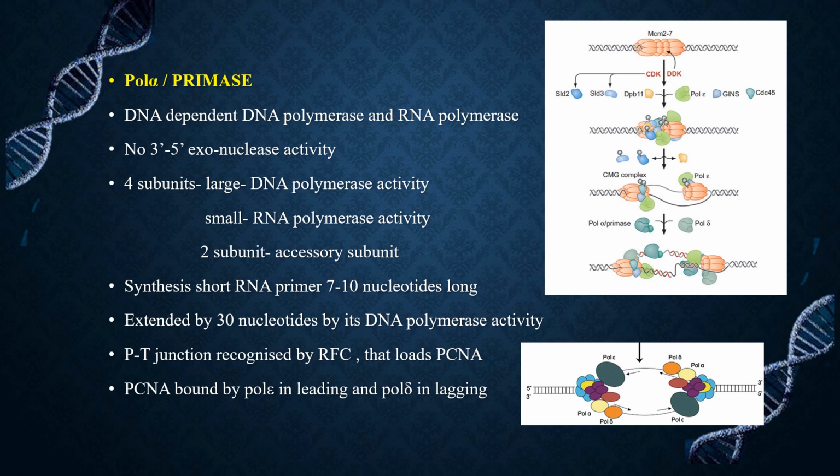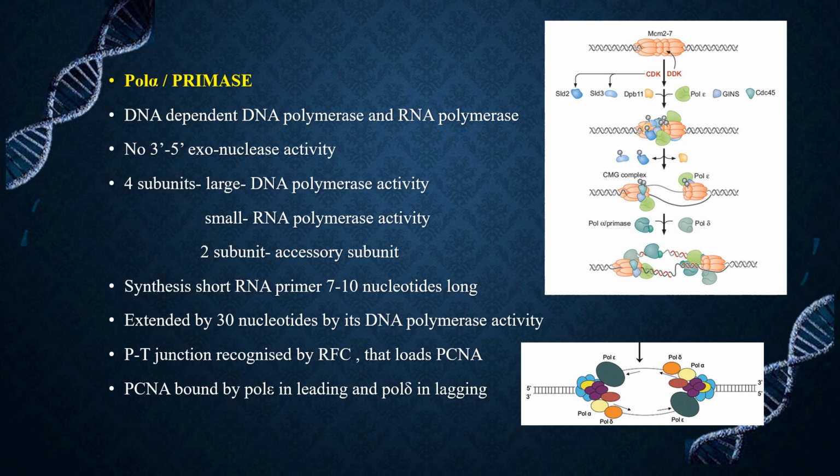First it produces a short RNA primer of 7 to 10 nucleotides with its RNA polymerase activity, and further it is extended by 30 nucleotides by its own DNA polymerase activity. The resulting PT junction, the primer template junction, is recognized by RFC, the clamp loader, which loads PCNA, the clamp.